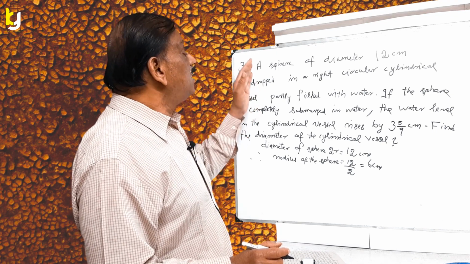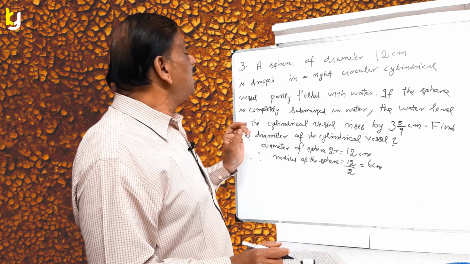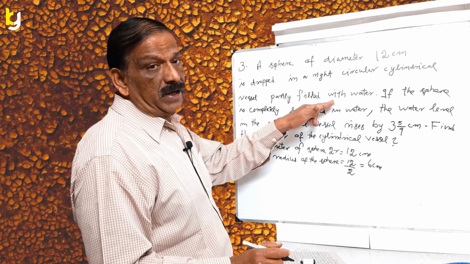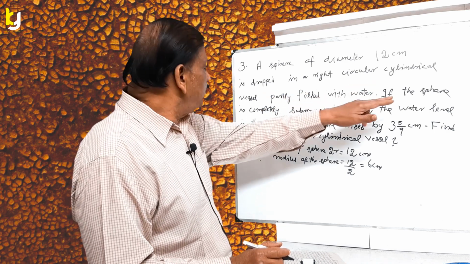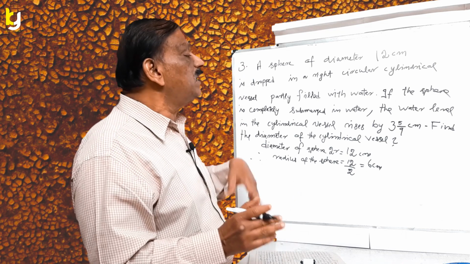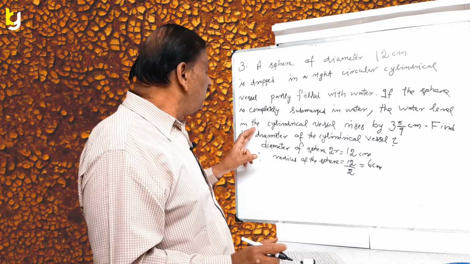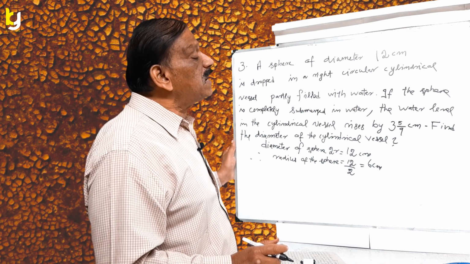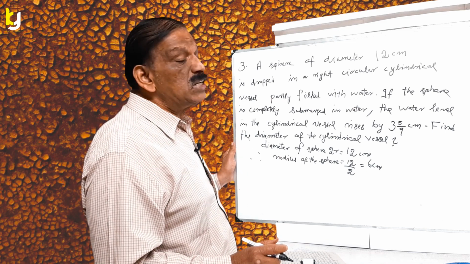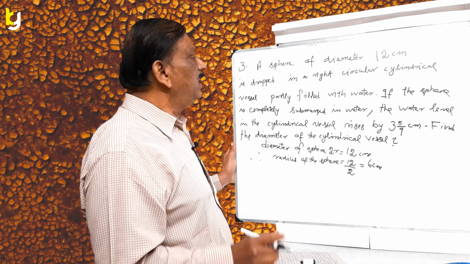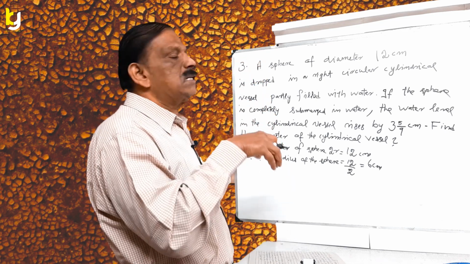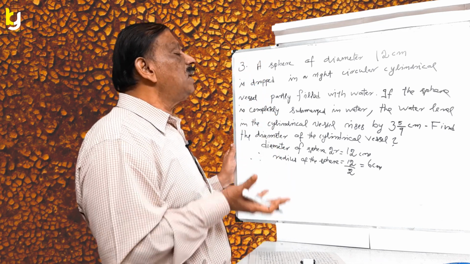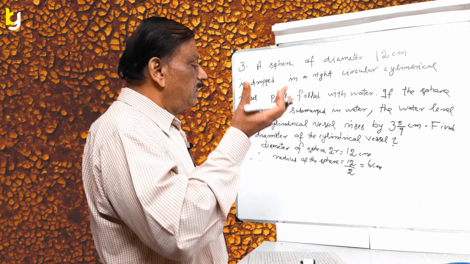Then, see, cylindrical vessel is partly filled with water. If the sphere is completely submerged in water, the water level in the cylindrical vessel rises by 3 and 5 by 9 centimeter. When the sphere is completely submerged in water, water level rises.